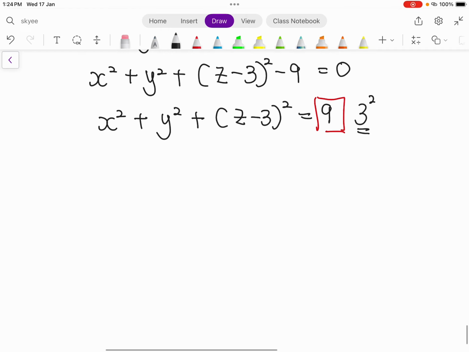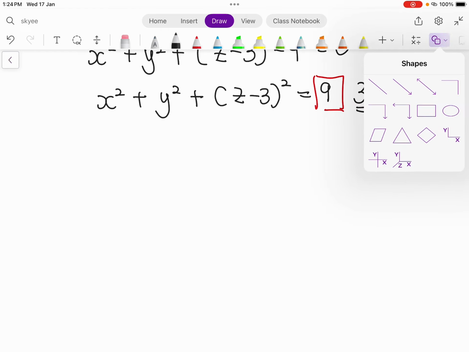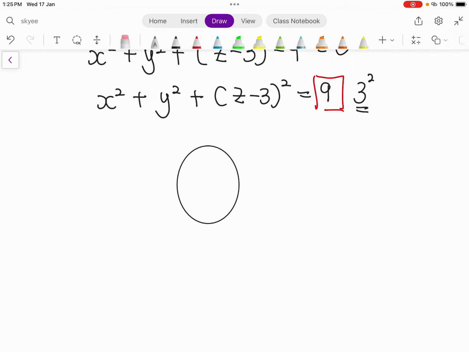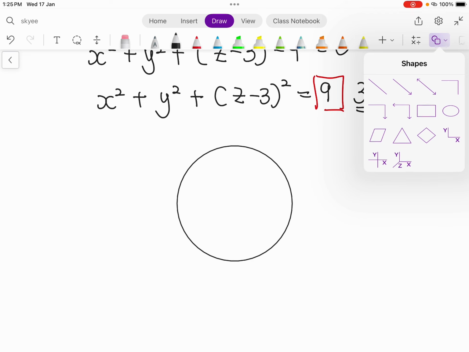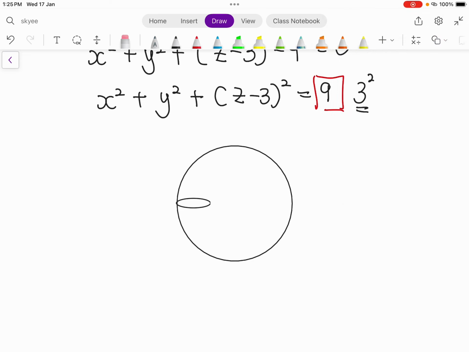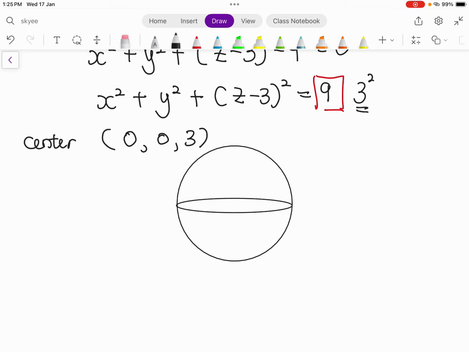Now you can start drawing this sphere. One thing you have to take note of is where the center of the sphere is. You can refer to the equation: x is 0, y is also 0, and z is positive 3, and the radius is 3.